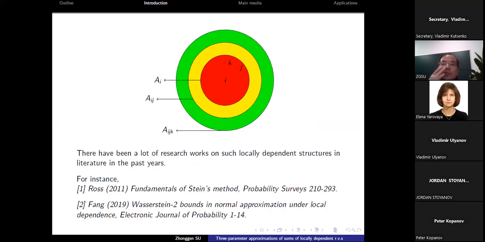It is shown in this figure. There has been a lot of research work on such locally dependent structures in the literature in the past years. For instance, we can find more materials in the following two papers.